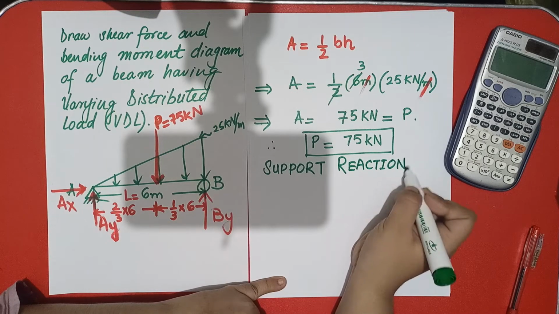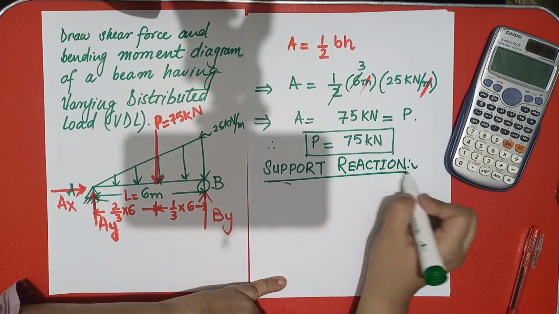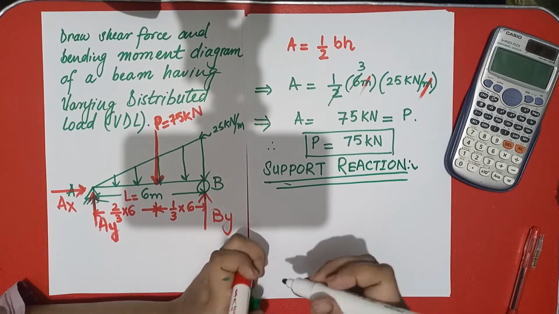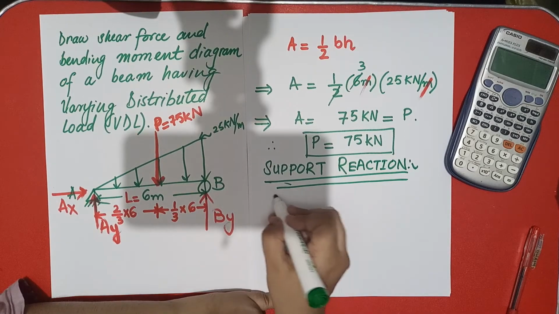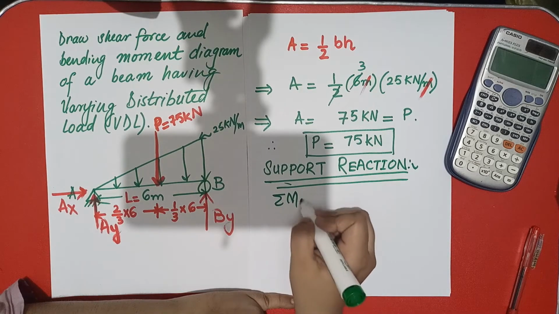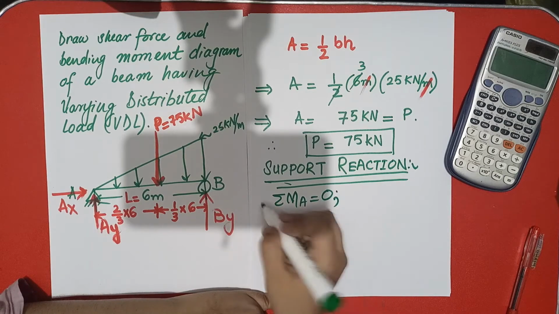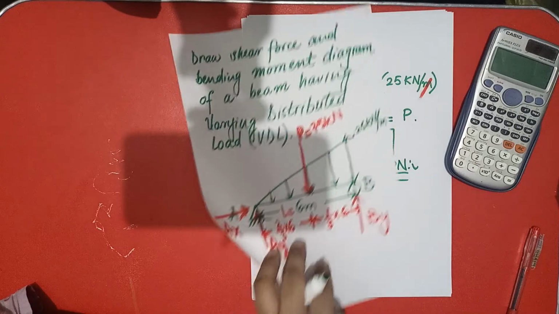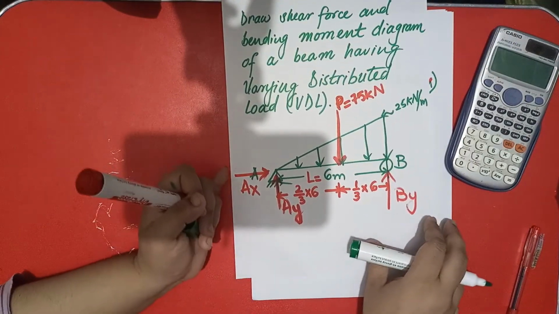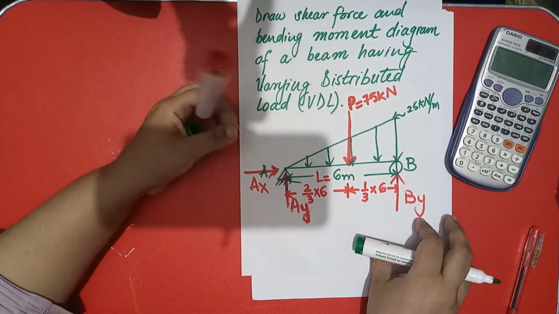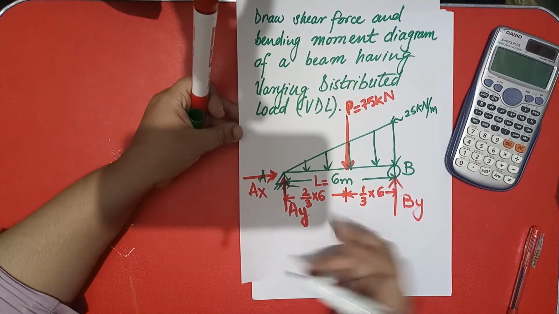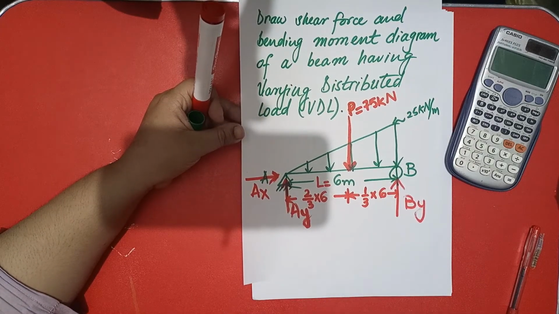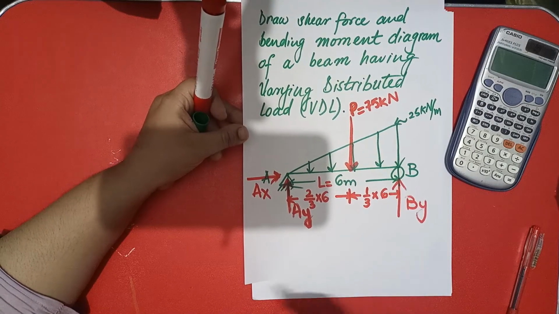So what are the support reactions over here? AX, BY, AY. And first of all, I am going to sum up moment at point A, and I have supposed this direction is positive. It's up to you. I have already explained in my previous semester how you can sum up the moment. What direction you want to take positive, if you want to take anti-clockwise as positive, you can take it.